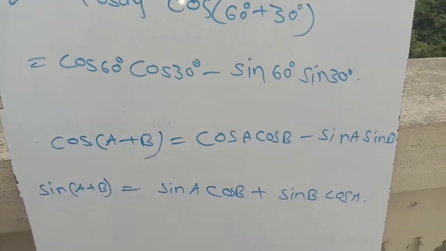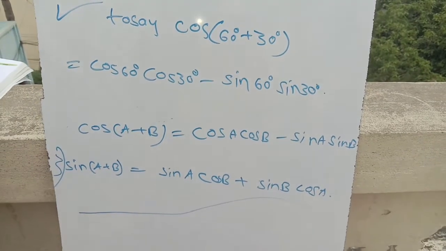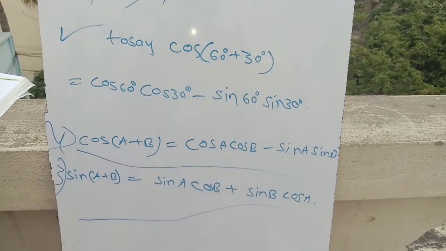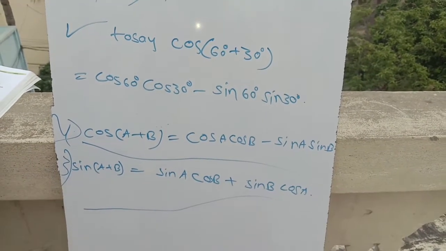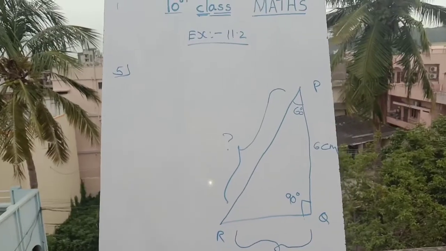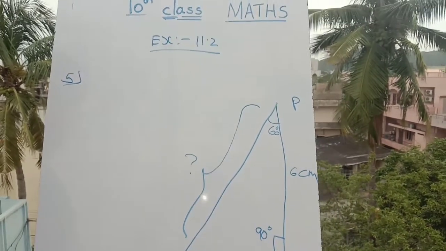This is the formula from the third sum, concluded from yesterday, and this is the formula concluded from the fourth sum. So these are the two important formulas.